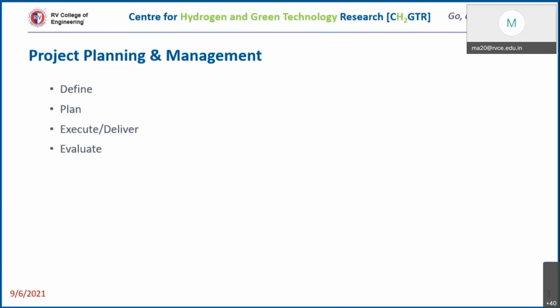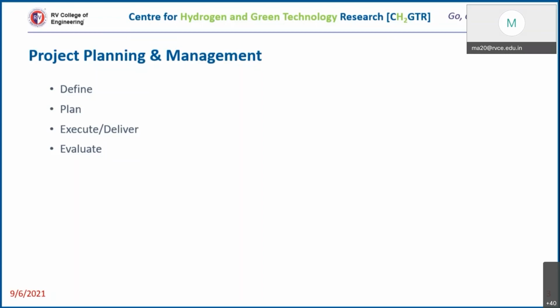As I told you, irrespective of the project, these are the phases. It doesn't matter in which company you work or which discipline you belong to. The terminology that they use might be slightly different, but the content remains the same. Now we shall find out each of these in detail.